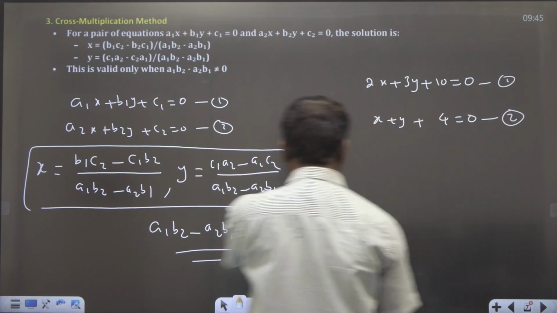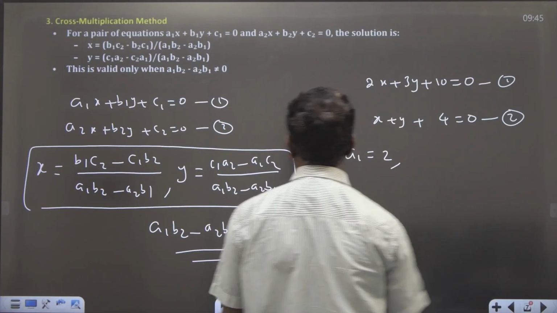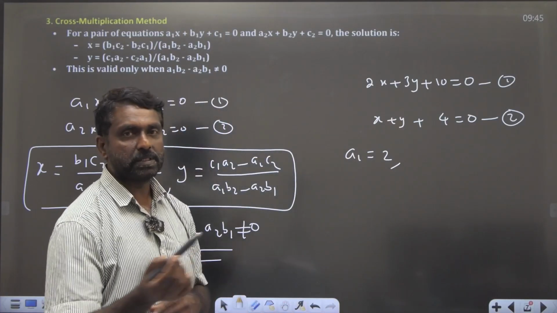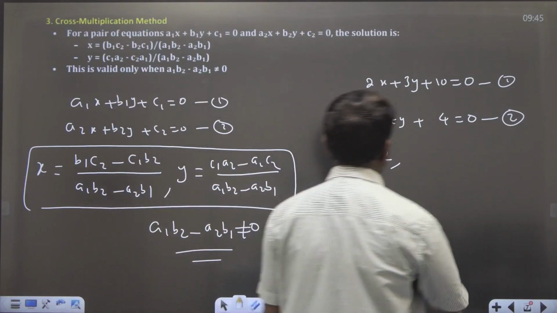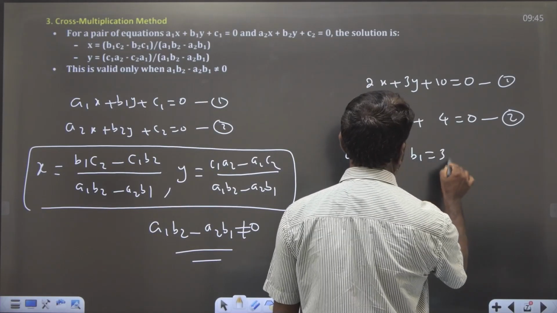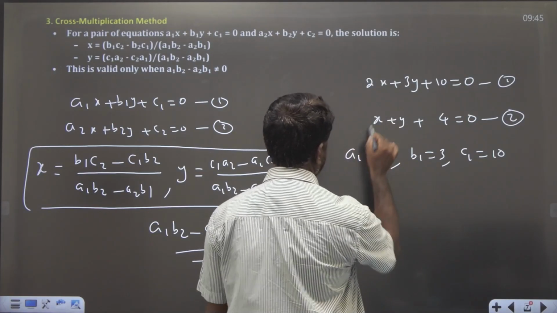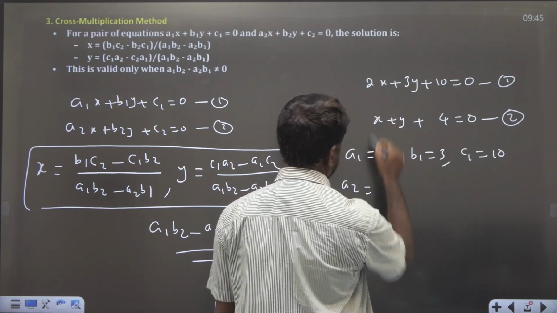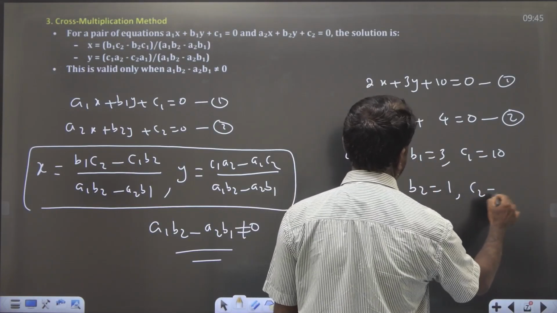What is a1? a1 is 2. You have to identify a1 b1 c1, a2 b2 c2 from the given equations. a1 is 2, b1 is 3, c1 is 10. And a2, that is coefficient of x, is 1, b2 coefficient of y is 1, c2 is equal to 4.